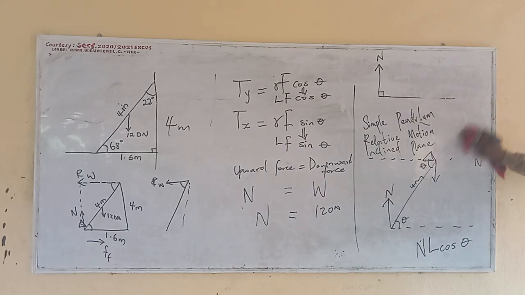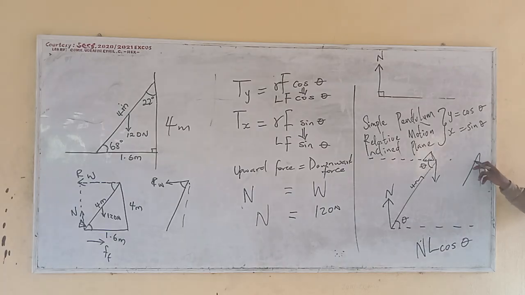Once you have these three concepts, the y-axis becomes cos theta, and anything you are doing with the x-axis becomes sin theta. The reason being that you are viewing this with the angle made in the resultant. So if that be the case, you need to know this.